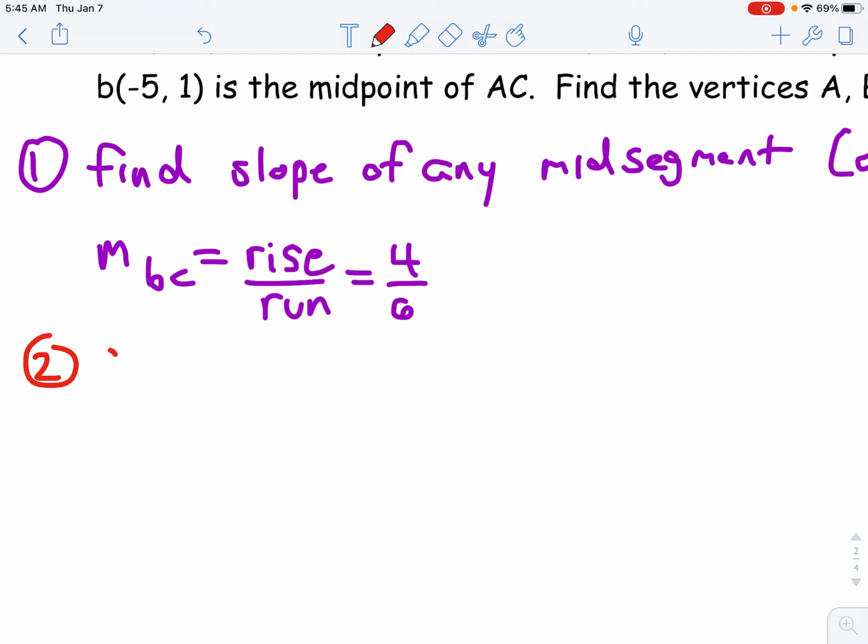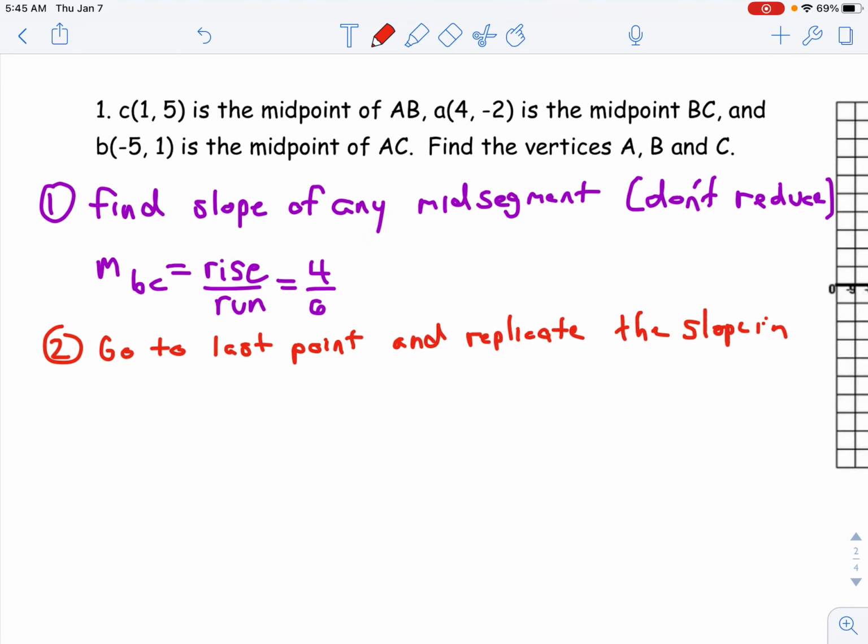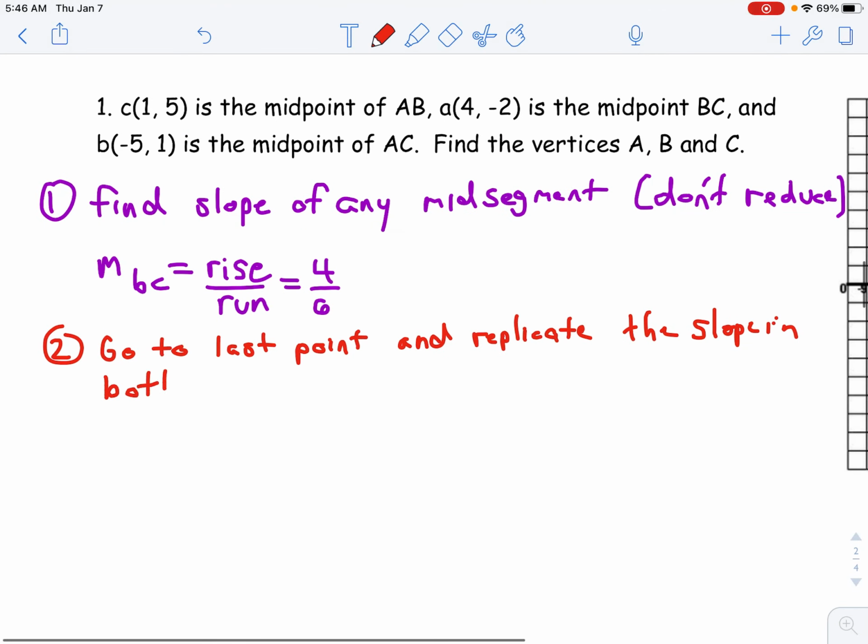Step 2 is go to the last point. So in this case, it's going to be A, and replicate the slope in both directions.